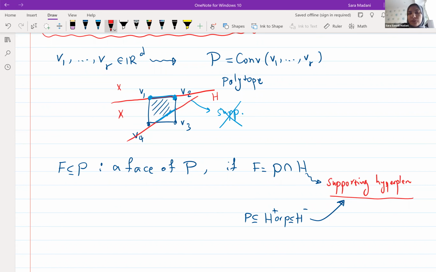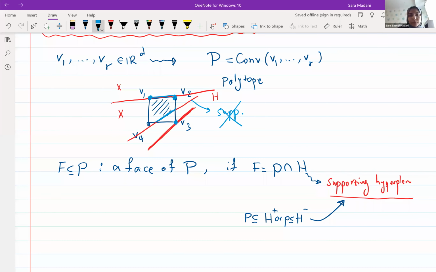Or for example, if I take this hyperplane, again, this is a supporting hyperplane. My polytope is just in one of the half spaces. And what is the intersection? This is just this point. Actually, faces of dimension 0, which are called vertices. Okay, now we know what is a face, and in particular, vertices of the polytope.